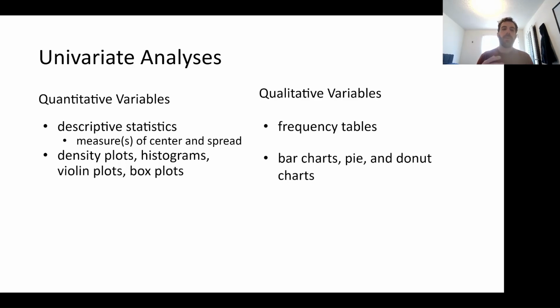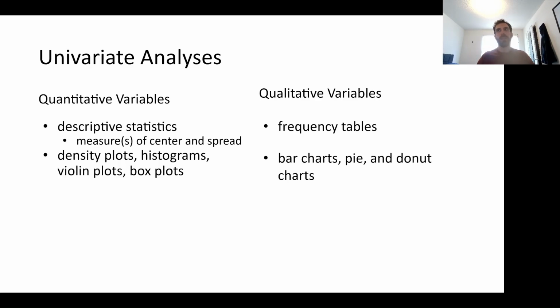And then to show the quantitative variables in a visual way, these are some very common visualizations you would use. Density plots we saw in the previous lecture show the relative popularity of your data taking on certain values. Histograms do the same thing.